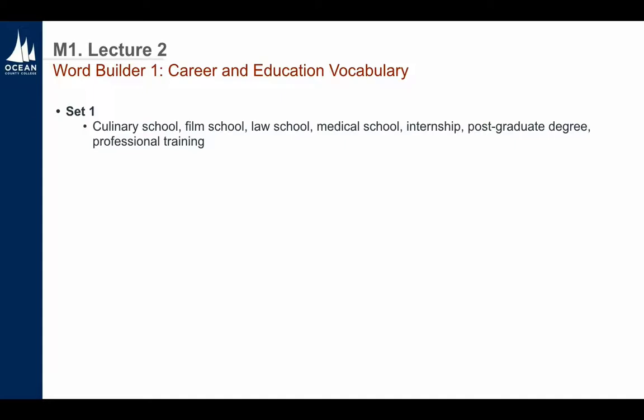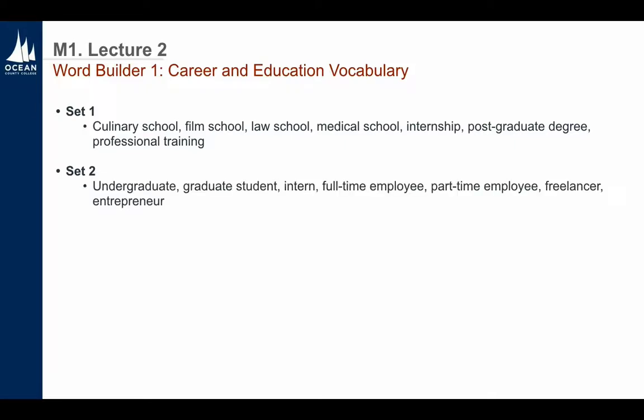Okay, great. Let's go ahead and move on to set 2. Okay, again, please listen as I pronounce these. Undergraduate, graduate student, intern, full-time employee, part-time employee, freelancer, entrepreneur. Okay, great.